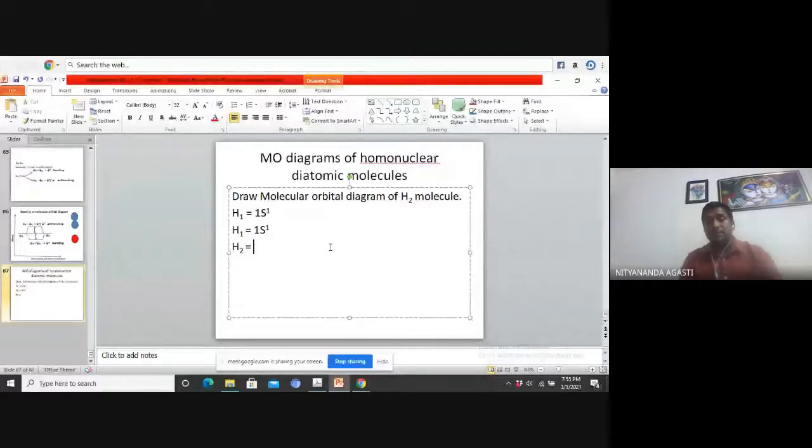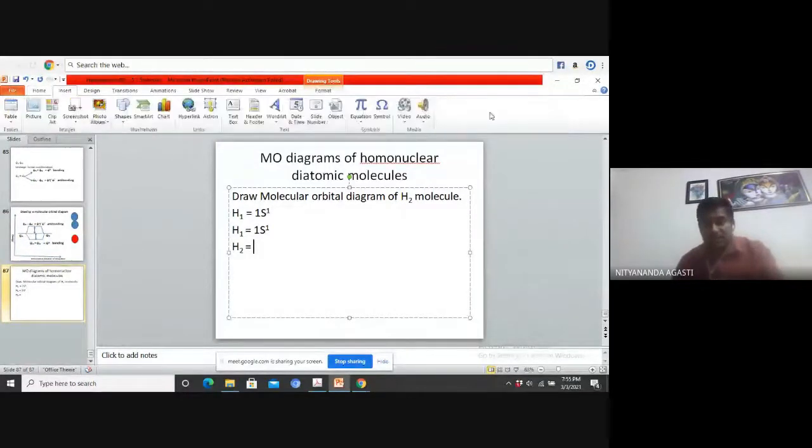The number of atomic orbitals undergoing combination will give you the same number of molecular orbitals. Since two 1s atomic orbitals are combined, we will be getting two molecular orbitals. Since these s orbitals have sigma symmetry, they will lead to head-on overlapping, so we'll be getting a sigma bond.